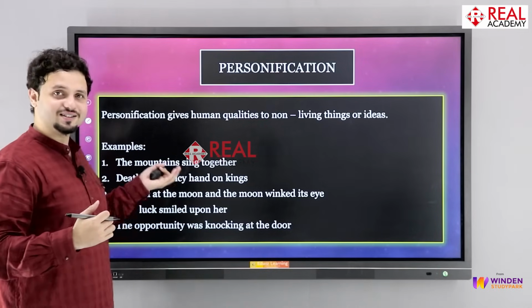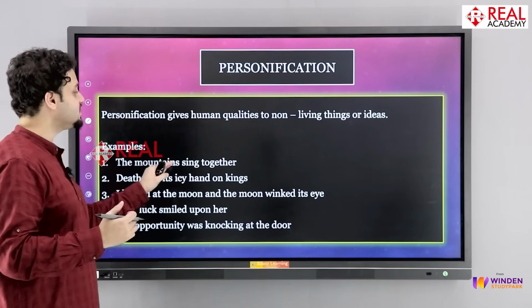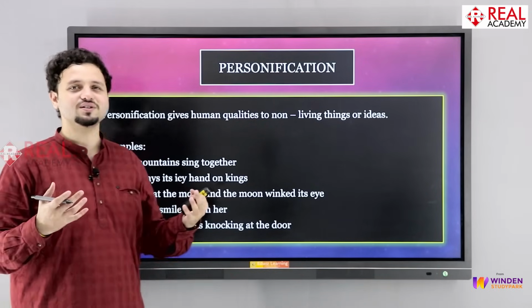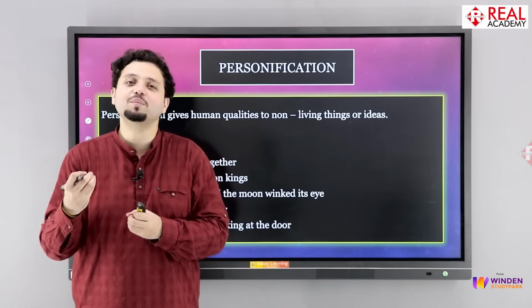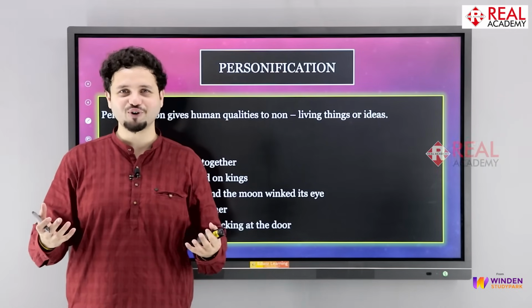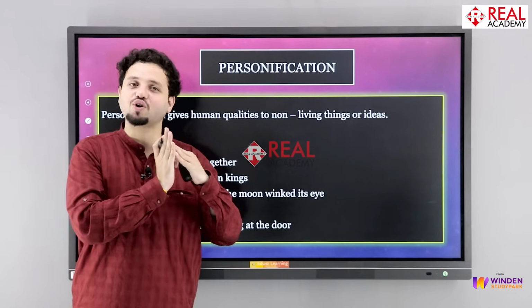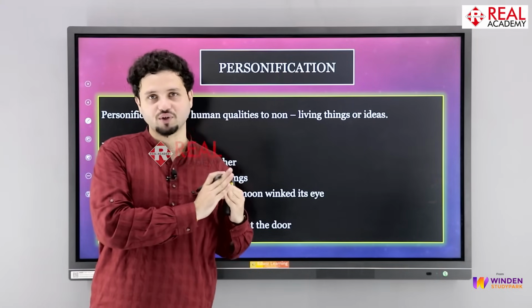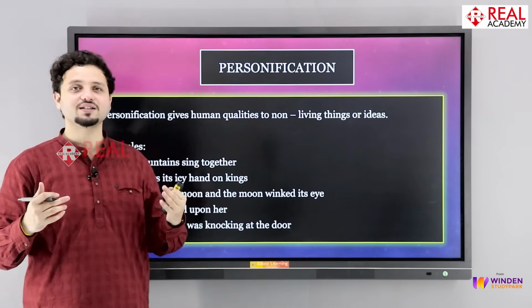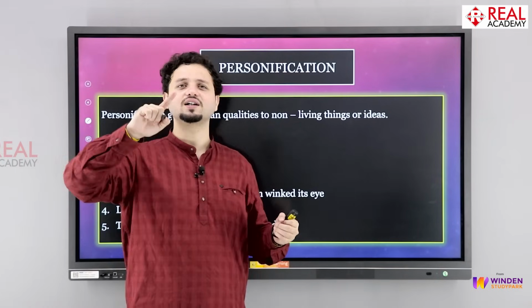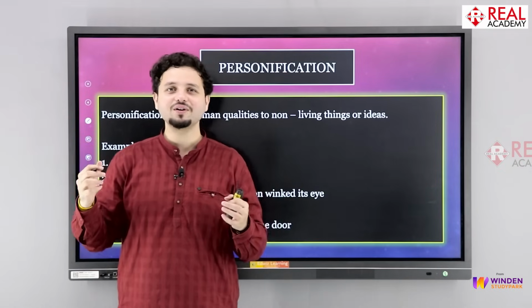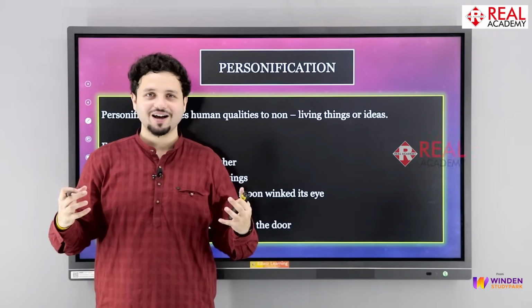You can see examples here, like "the mountains sing together." How can a mountain sing? But can a human being sing? Yes, of course. So if we are giving such a human quality to a non-living thing, then it becomes personification. In the same way, if I say you are looking at the moon and "the moon winked its eye."